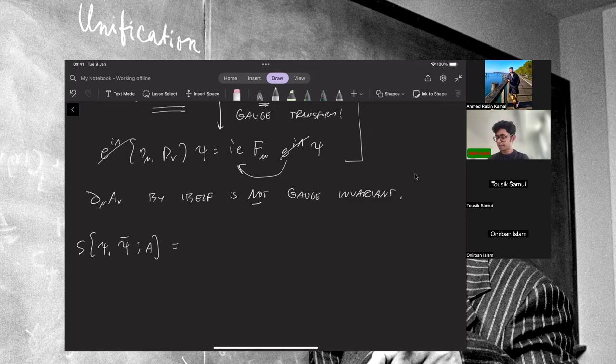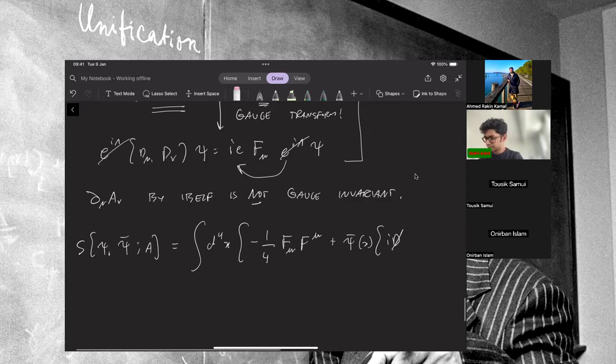So what can I do? I can write down a term like this with F mu nu. I can write down a term like this with D and psi. Now I could write down some other things, but all those things will involve more products.